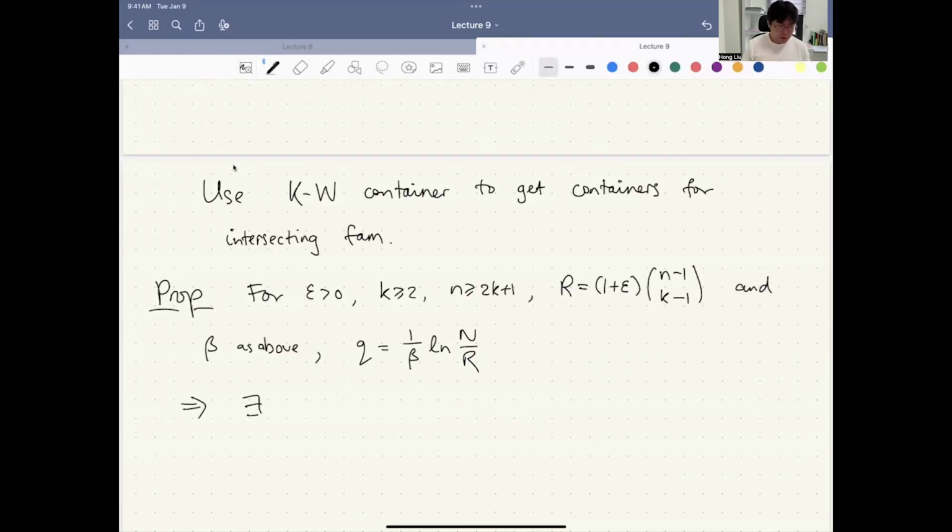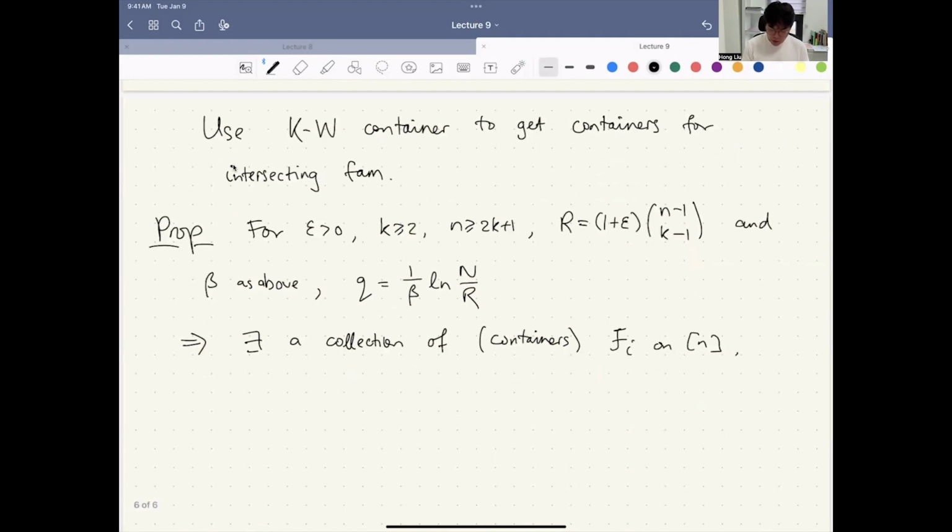There exists a collection of containers for intersecting families, call it F_i, on N, where I goes from 1 to, well, we choose its number of containers to be at most the number of fingerprints.